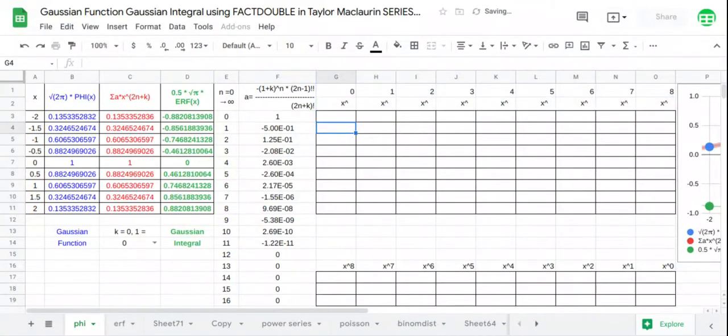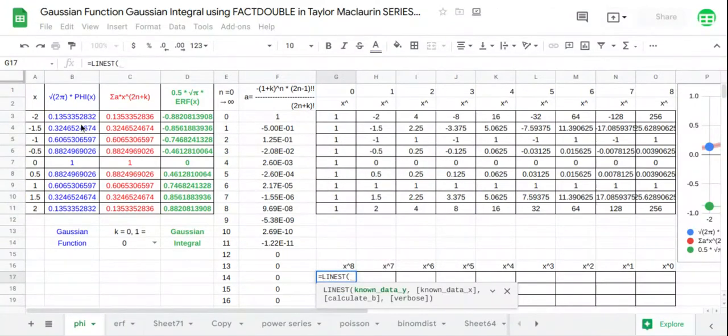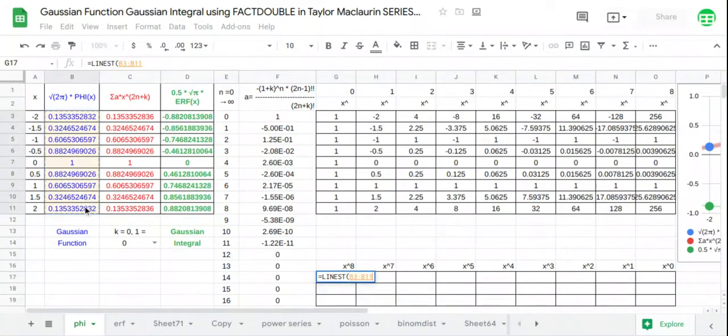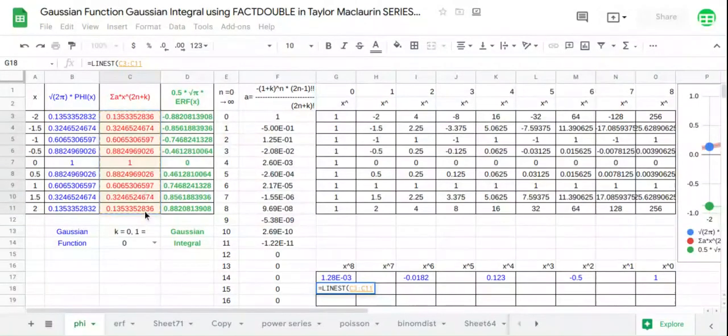Then enter. Now we calculate Linest. So Linest, you can use Linest on the Gaussian function dot y and dot x. And Linest again on the expansion dot y and dot x.